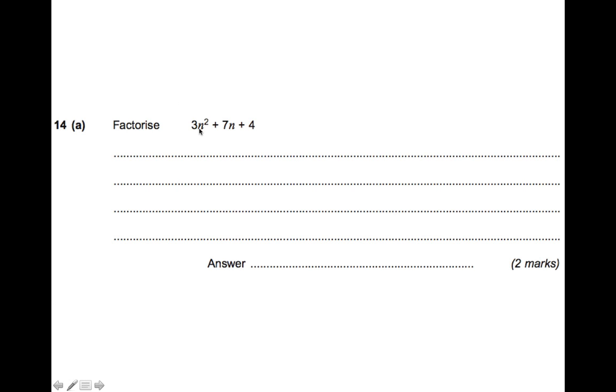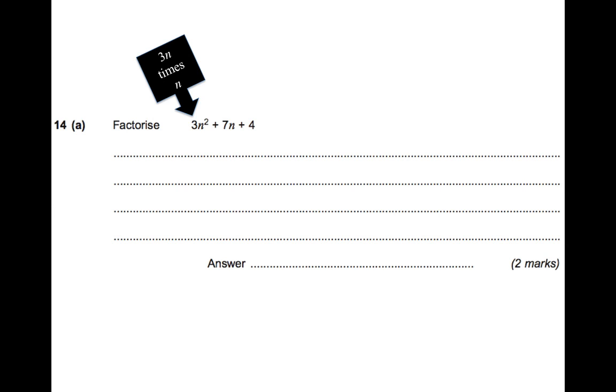Now you need to think that this is going to factorize into 2 brackets, and something in the 2 brackets has got to multiply out to give you 3n squared. Now because 3 is a prime number, there's only really one possibility for that, and that's 3n times n. So there's going to be a 3n in one of the brackets and an n in the other bracket that's going to multiply together to give you a 3n squared.